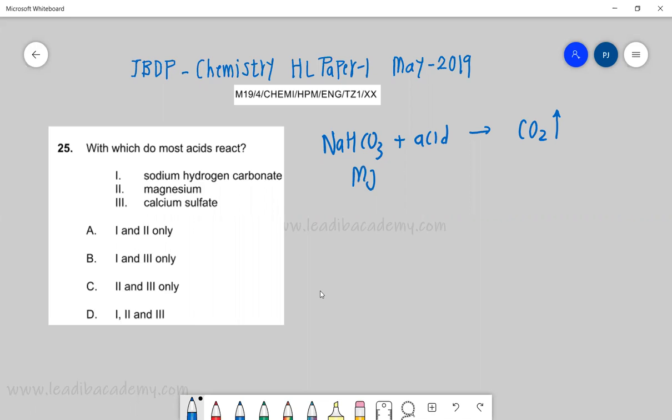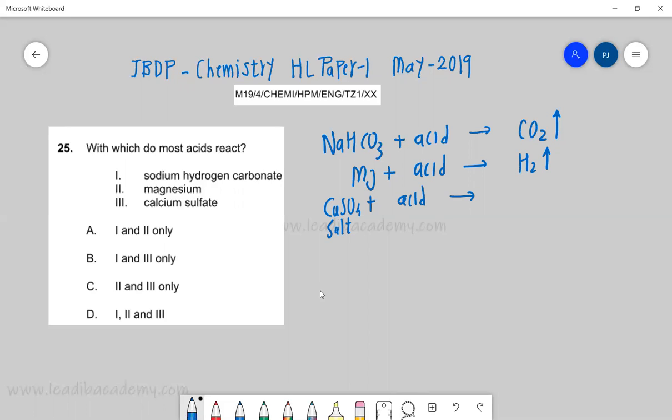What about magnesium? It's a reactive metal. When it reacts with the weak acids, it will produce hydrogen gas. Simple. And what about calcium sulfate, which is a salt? When it reacts with the acid, no reaction, because it is a salt itself.